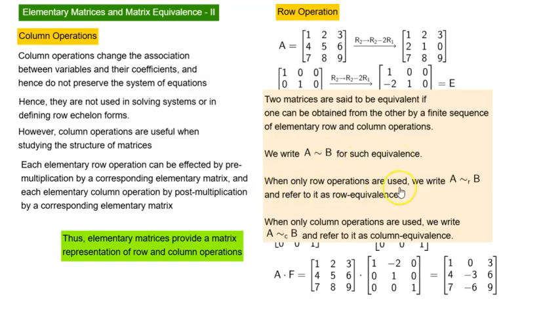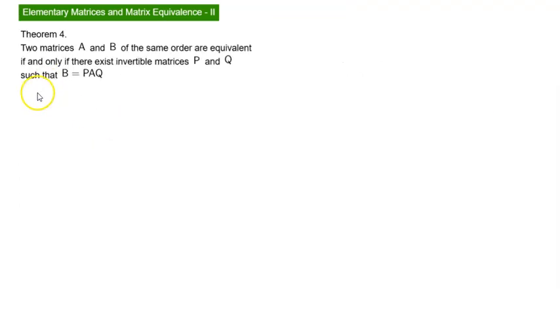When only row operations are used, we write A equivalence sub R B and refer to it as a row equivalence. And when only column operations are used, we write A equivalence sub C B and refer to it as column equivalence.